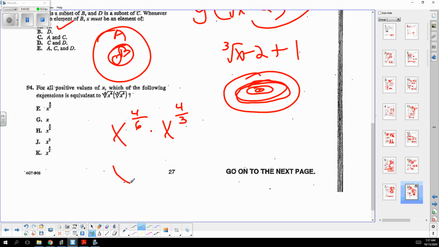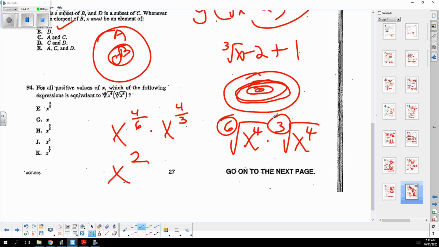So you add these together, power times a power, you add and you get 2. So yeah, that's right. The problem says the 6th root of x to the 4th times the cube root of x to the 4th. So you put these as fractions, add the fractions, and you get 2.